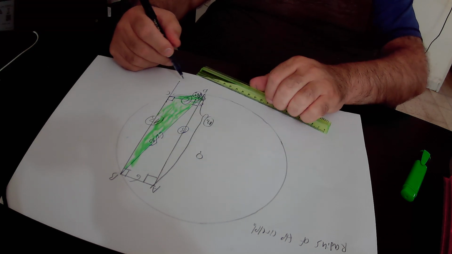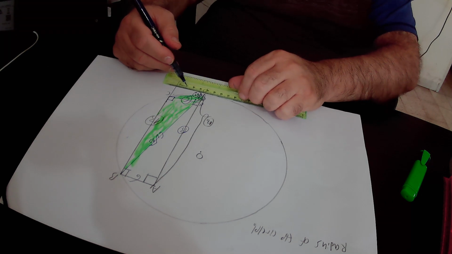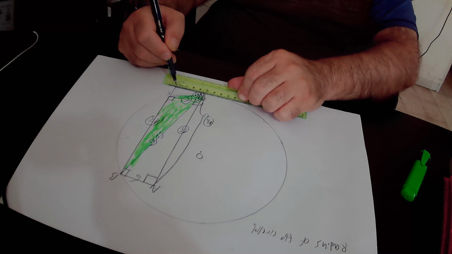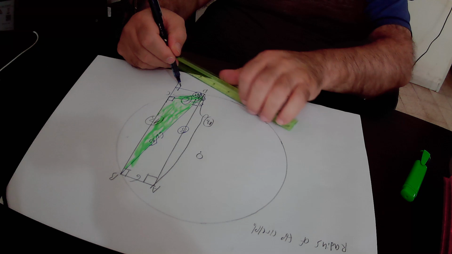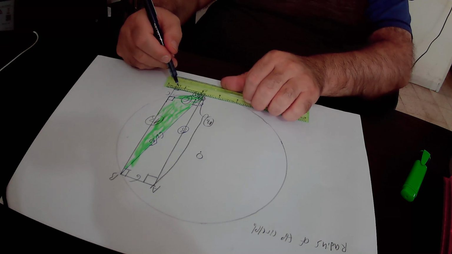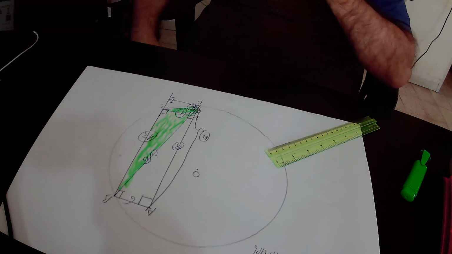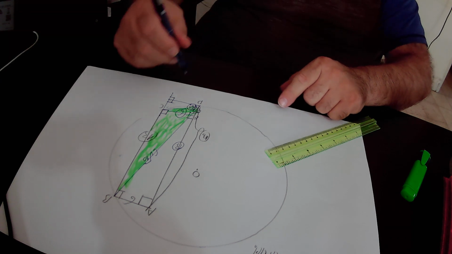And from point D, we'll draw a perpendicular on the extended side BC. So this angle equals 90 degrees, and this angle equals 90 degrees. According to our construction, we will define the touching point of the perpendicular from point D on the extended BC as F.